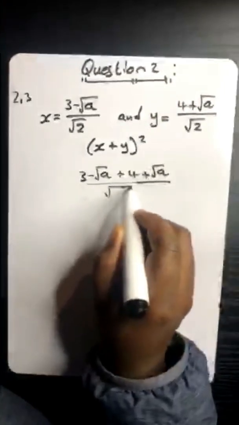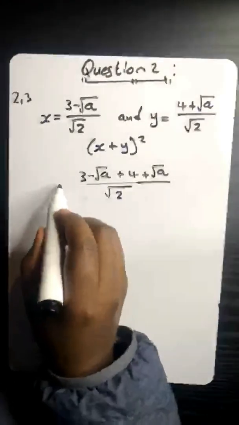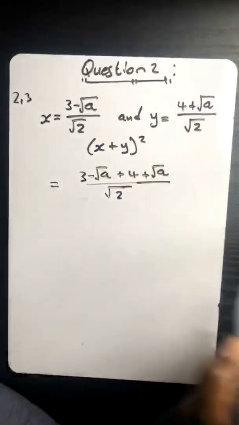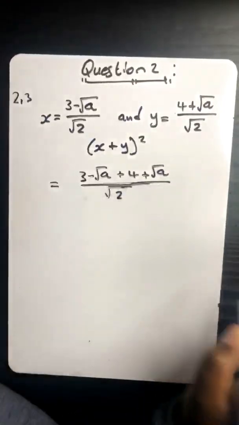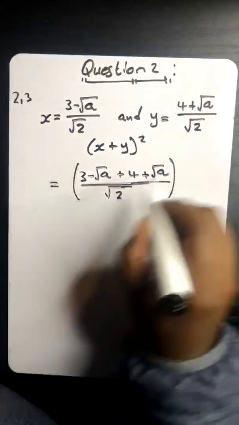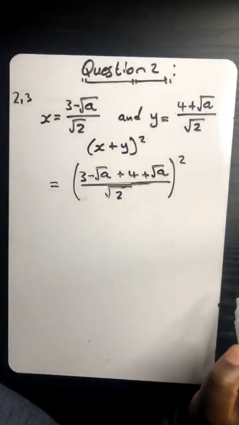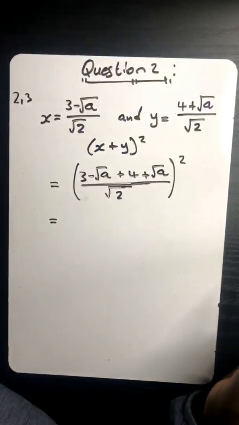I think we have to put them in brackets. Okay, yes. Since it's squared, the square root disappears in the denominator. So it becomes over 2.